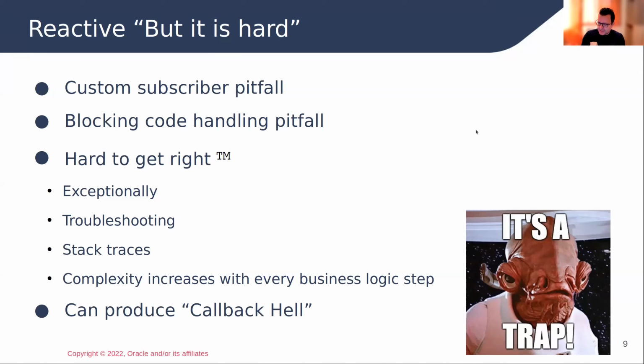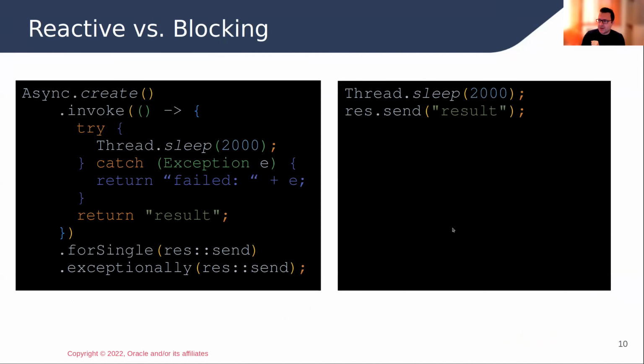I'll show a piece of code that shows a part of the complexity of reactive and non-blocking. And I'm intentionally doing Thread.sleep here because it's like a simple blocking operation. You can imagine any blocking operation here. If you want to do anything blocking within a reactive stream, you will need to do something like I did here.